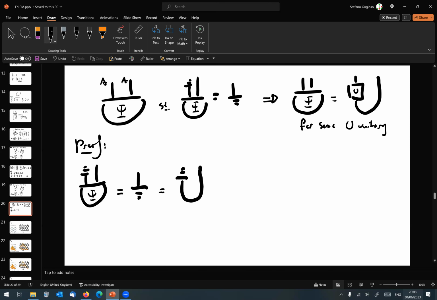And now I can apply essentially unique purification, noting that the environments are the same, to conclude that necessarily there exists a unitary.